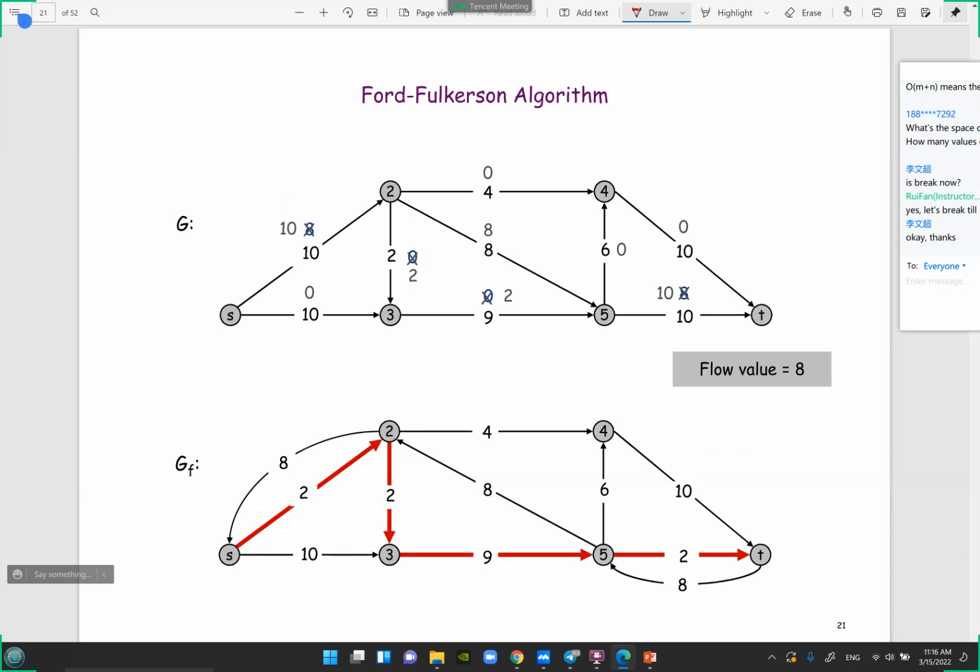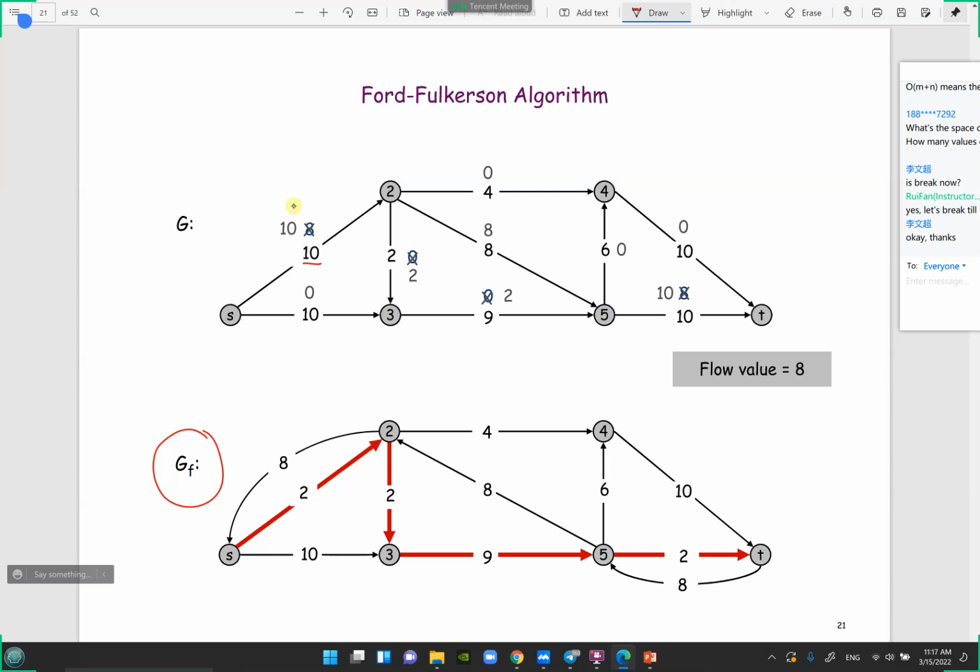From this flow of value 8, we're going to create this residual graph. This is kind of confusing the way they have these slides, because the animations are not synchronized. But remember that this 10 is the original capacity of the edge.